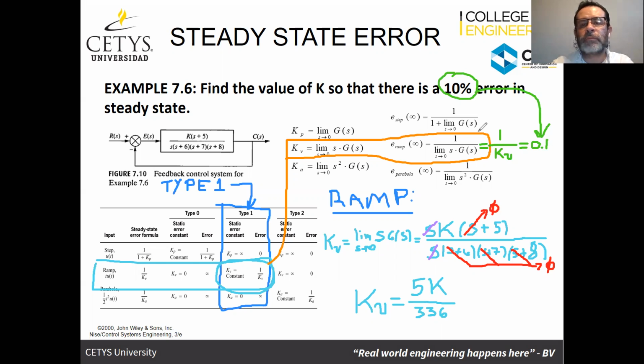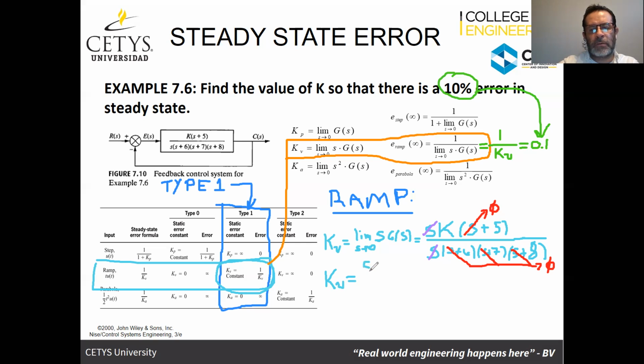So let me rewrite this over here, a little bit smaller. We've got that KV equals 5K divided by 336.